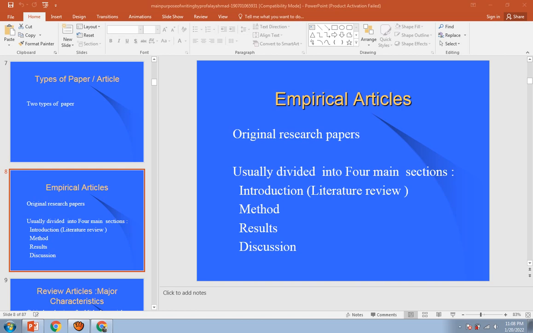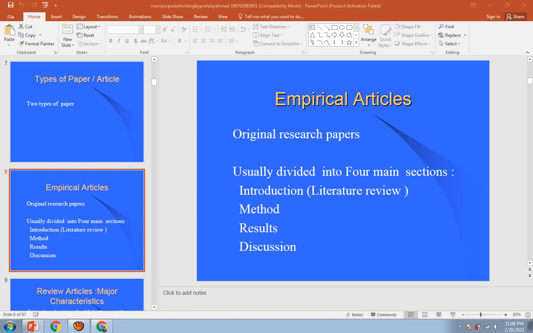Number 1, introduction. That is literature review. Method, that is method and procedure. Results, you obtain some figures, statistical data, you present under a separate table, it is called results.